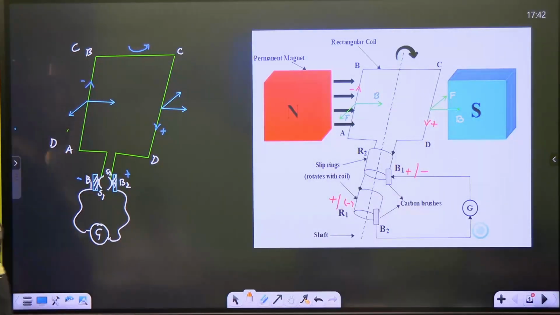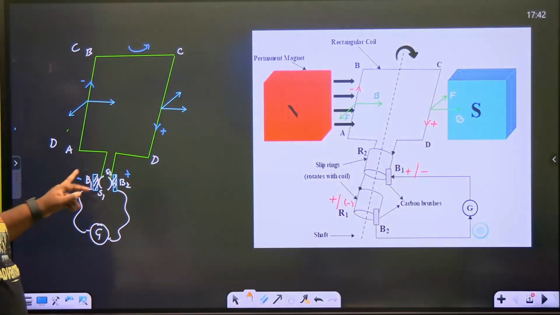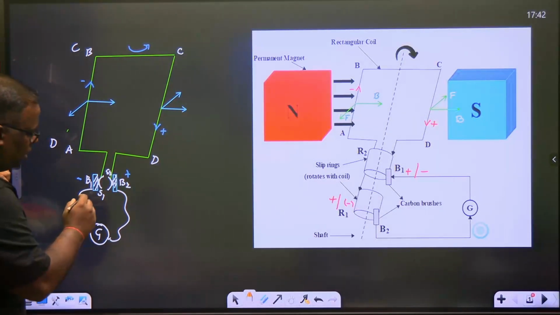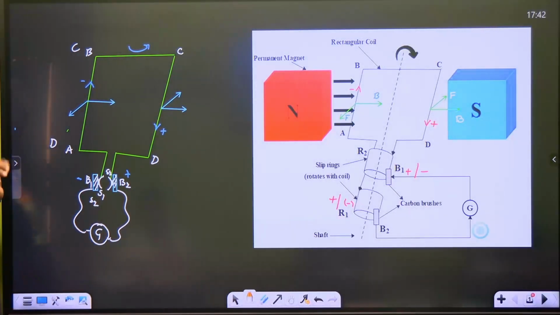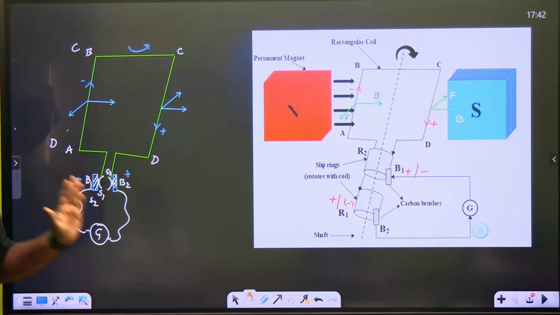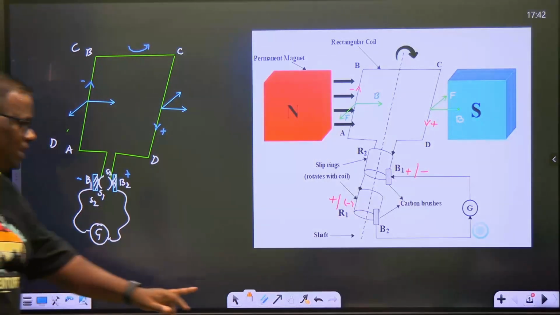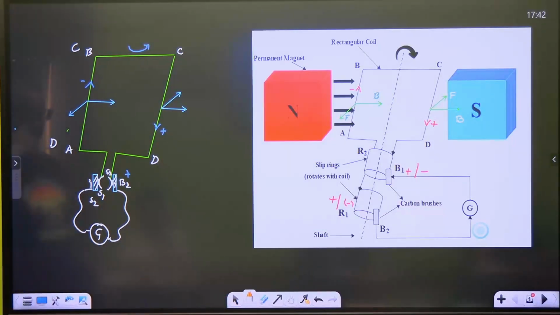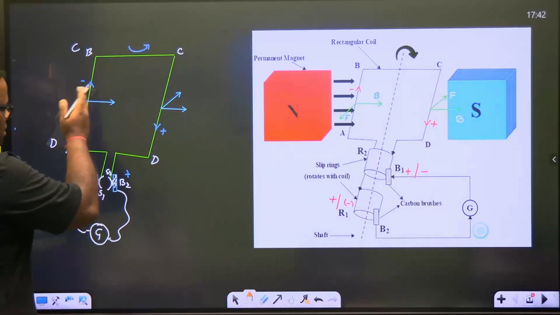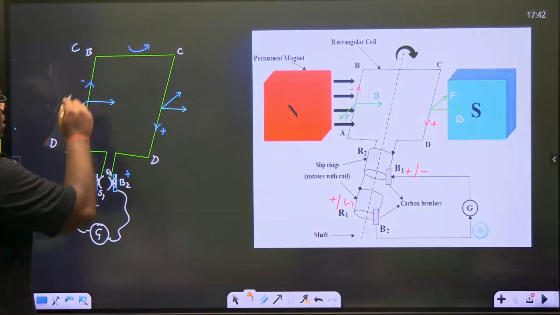Do you agree or not? What is attached with them? If this becomes C, this becomes D, then this fellow becomes S2. S2 is attached with them. But B1 is fixed. Are you understanding? So let's see what is happening. When in the half cycle it comes this side, what is the direction of current?